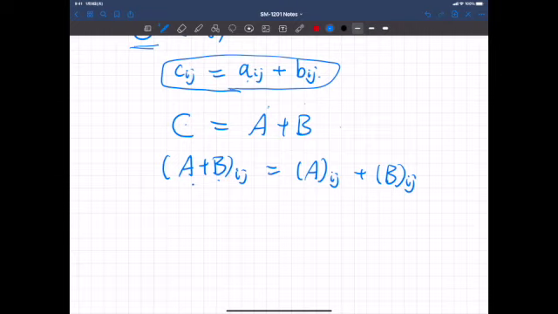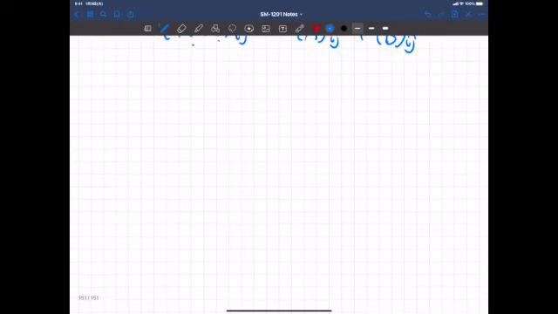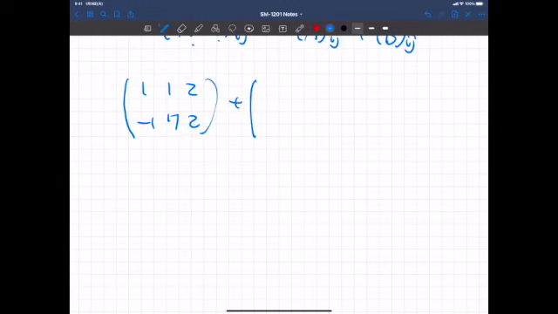Okay, let's see an example. So if we have two matrices, 1, 1, 2, negative 1, 7, 2, so this is a 2 by 3 matrix, and another matrix of the same size, 3, 2, 1, 4, 5, 6. If we add these two matrices, then the result is a new matrix.